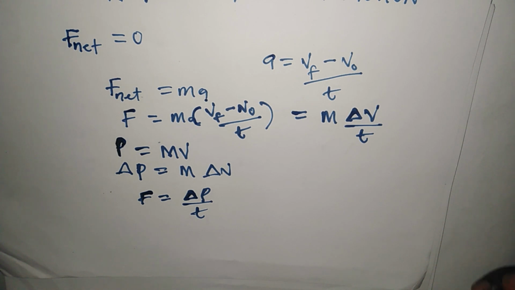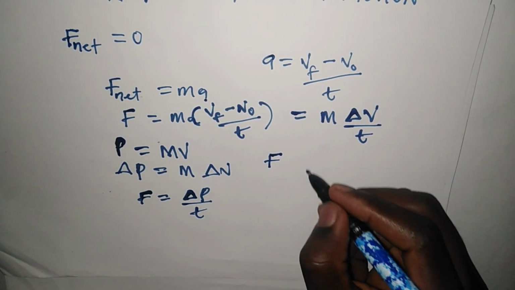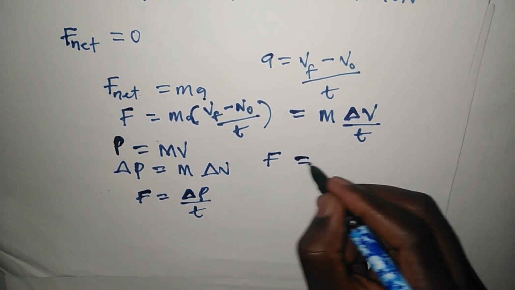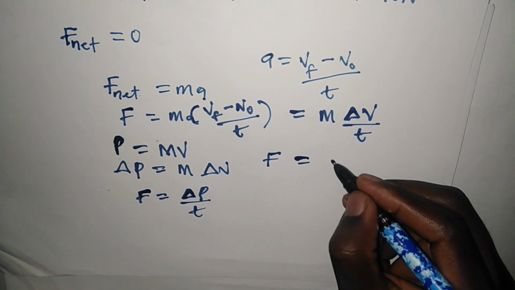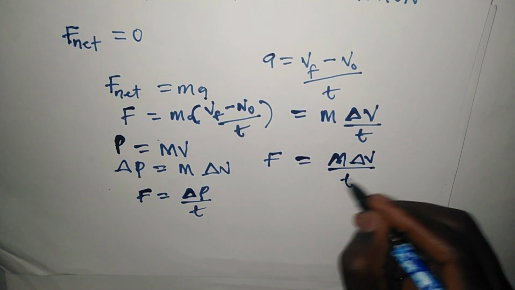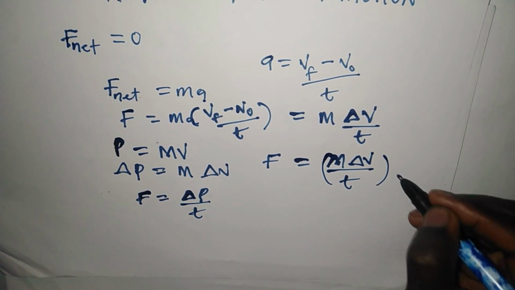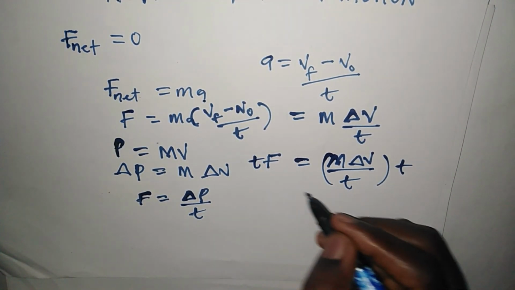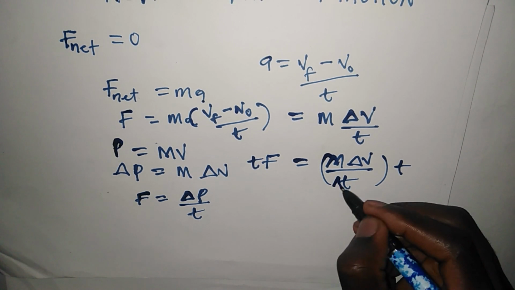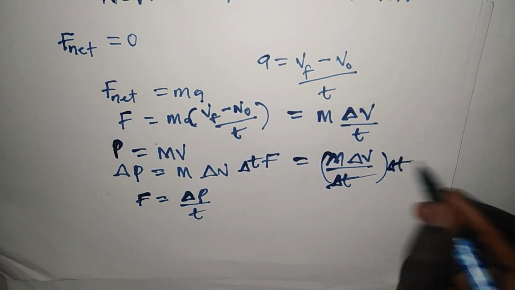Another formula I want us to look at is the impulse. Now for the impulse, we know that force is equal to mass times change in velocity all over change in time, right? Multiply both sides by change in t. Here it cancels.